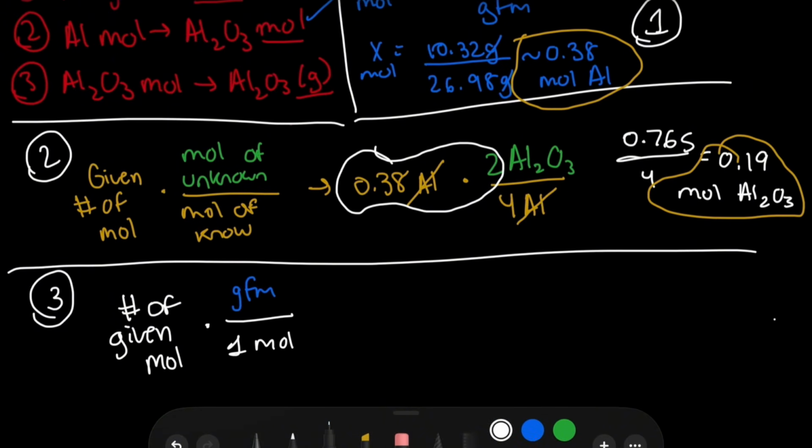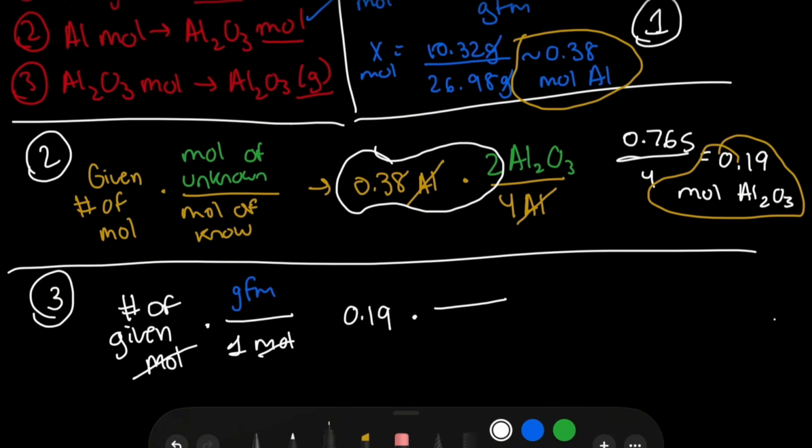And the reason we do this is because once we cancel out the moles, we'll be able to then convert it and revert back to grams. So the given amount of moles that we have comes from step 2, which is 0.19. So 0.19 times, now in the numerator we have to write down the GFM. And the GFM of what specifically? The GFM of aluminum oxide.